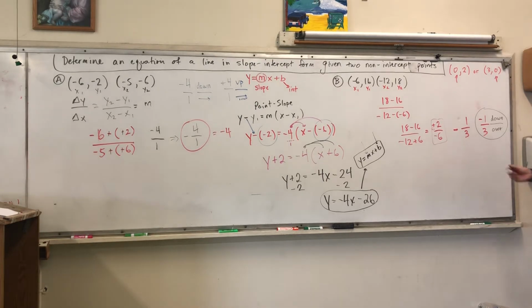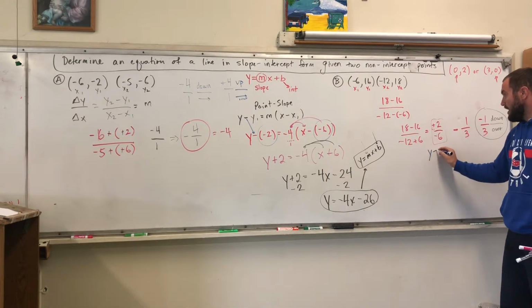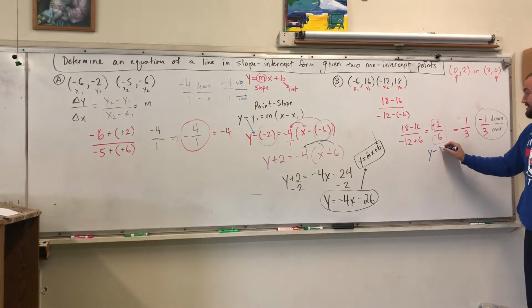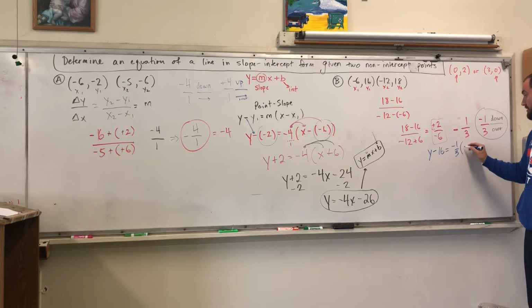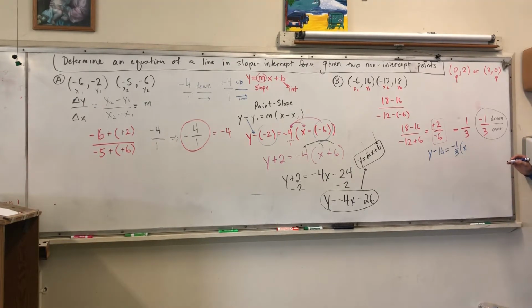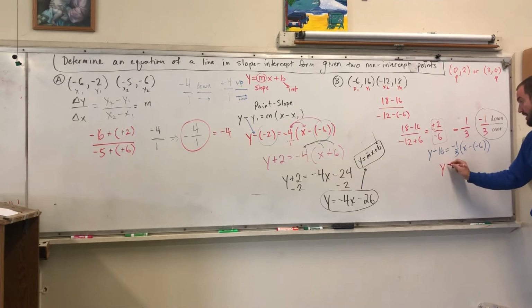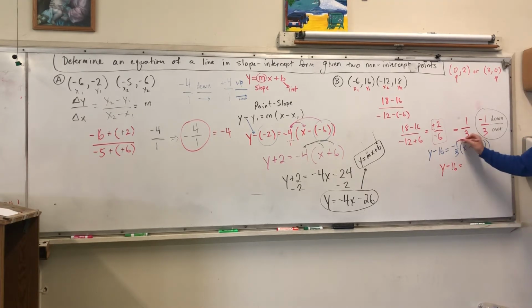And then if we're trying to find our slope-intercept form, y minus 16 is equal to negative 1/3 x minus a minus 6. We end up with y minus 16 is equal to distribute negative 1/3 x plus, this was a plus 6.